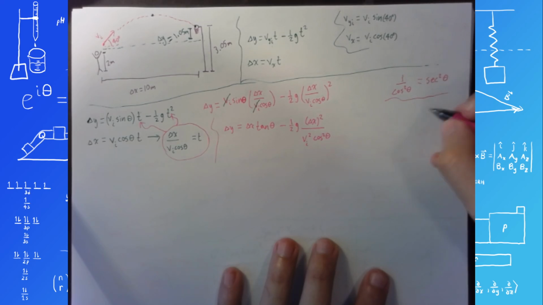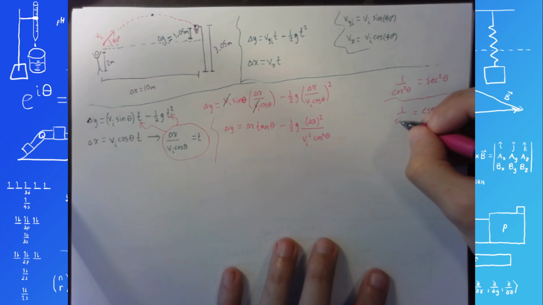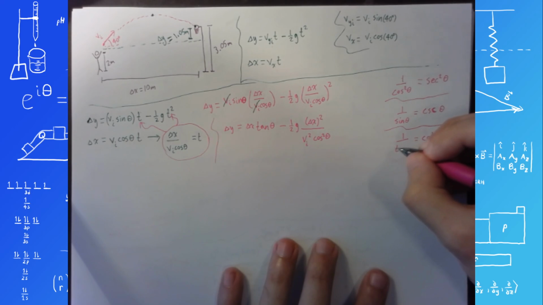And on a related note, secant of theta is 1 over cosine, and cosecant of theta is equal to 1 over sine. There's also something called cotangent of theta, which is equal to 1 over tangent of theta.